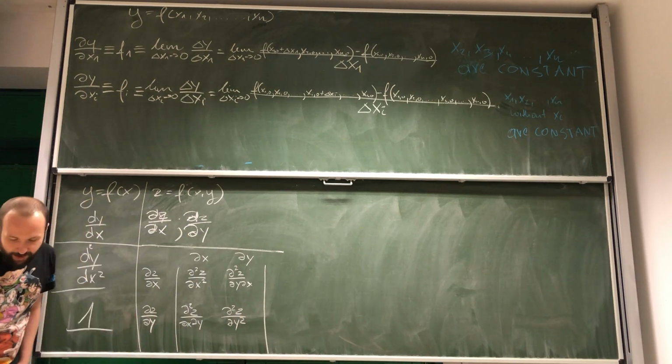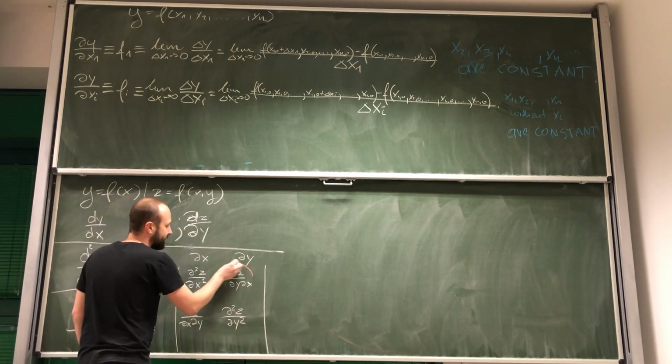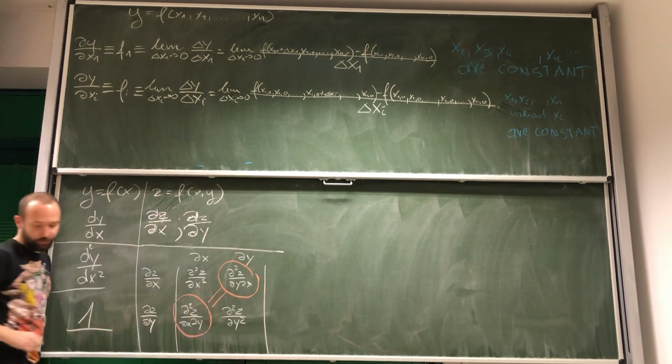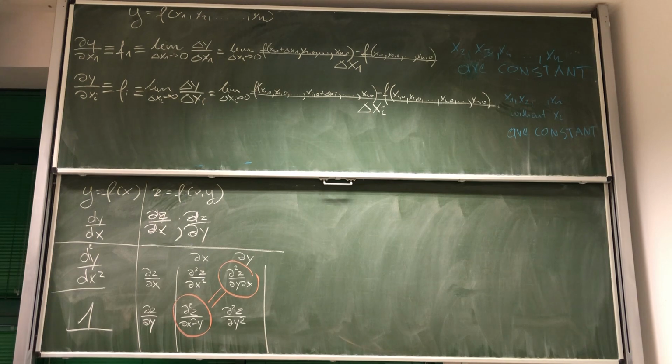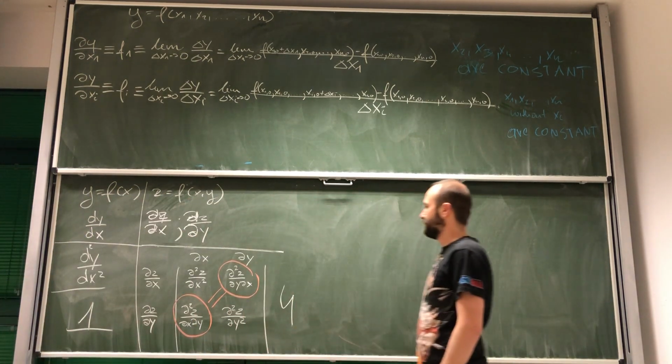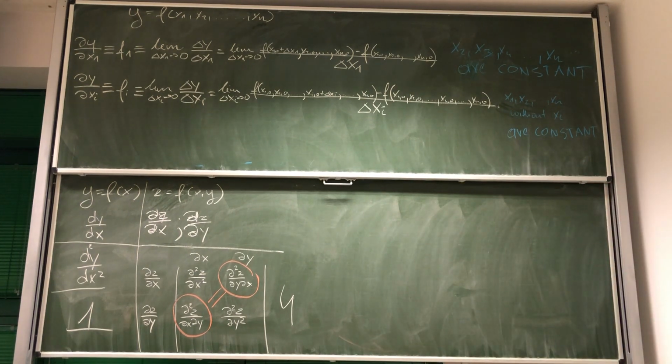And of course we remember by Young's theorem that those two are equal to one another. But look, this time we can get a total of 4 derivatives.